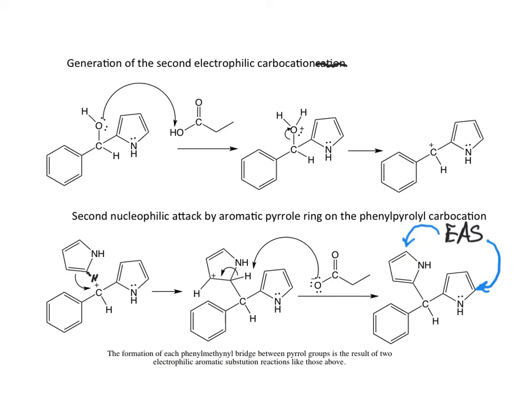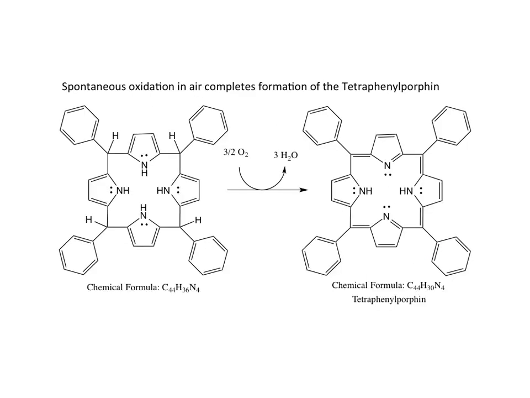So we create another bridge, put another pyrrole, create another bridge, put another pyrrole, create another bridge. That will give us our 4 pyrroles and 4 bridges. And so after we do all of those reactions, this is our product.